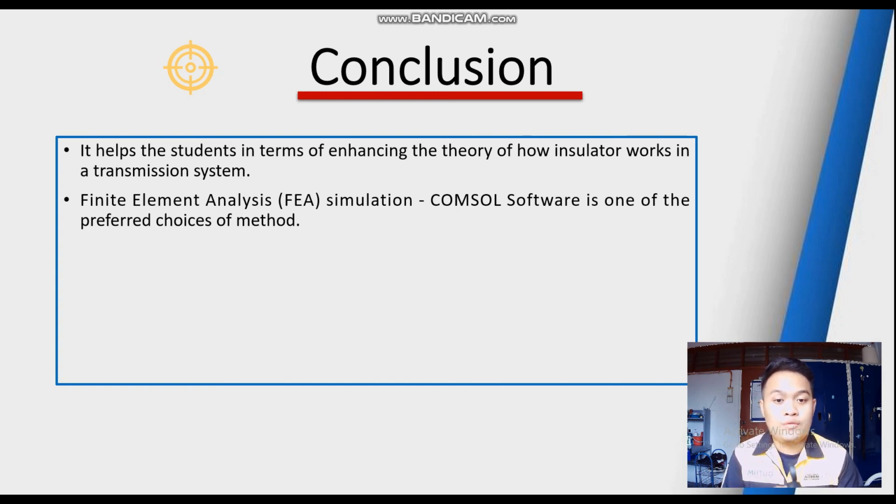This is due to its features which enable students to design the system easily for reliable output values. Moreover, in FEA, students may learn to make a block diagram or plan the related flow process based on the methodology of the project.